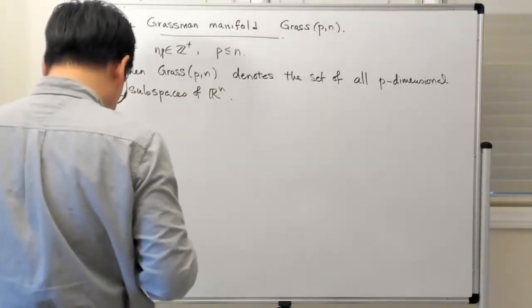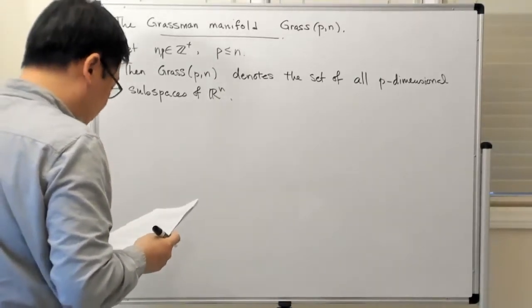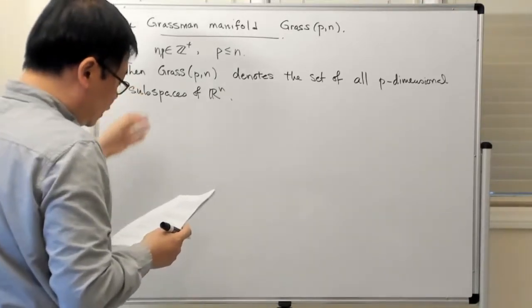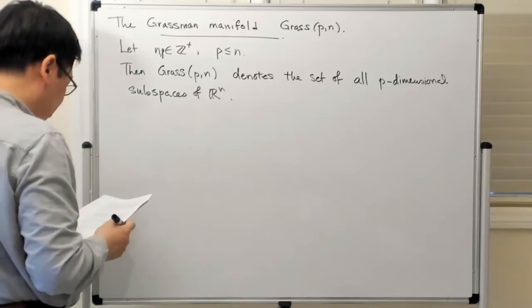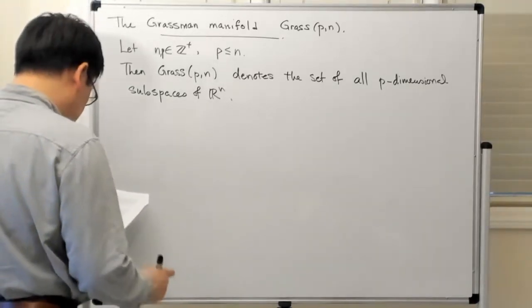And we're going to construct a one-to-one correspondence between the space of the Grassmannians and some quotient manifold of R^(n×p), right?